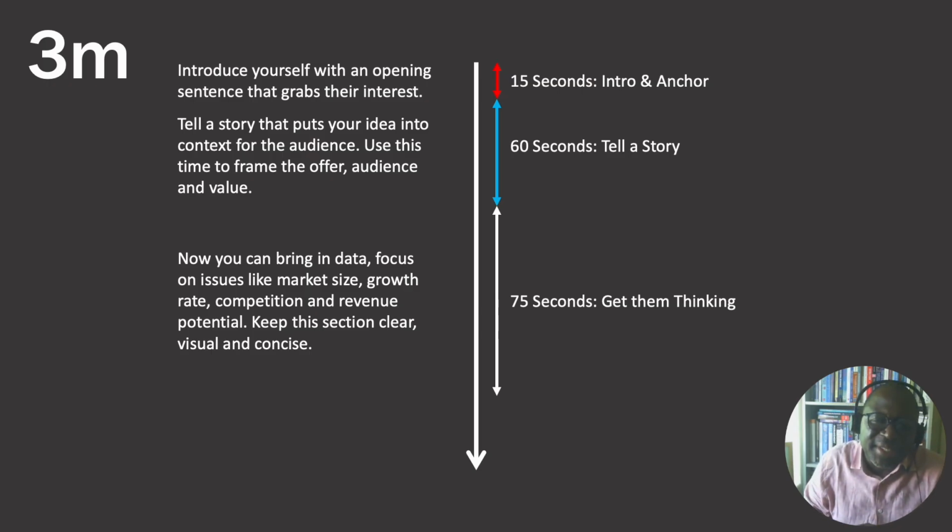So this is really important that you need to present. But in our case here, you can focus on issues like market size, for example, growth rate, competition, and revenue potential. So you need to keep this section clear, concise, and consistent with the flow of your story. So this is another important point here as well.